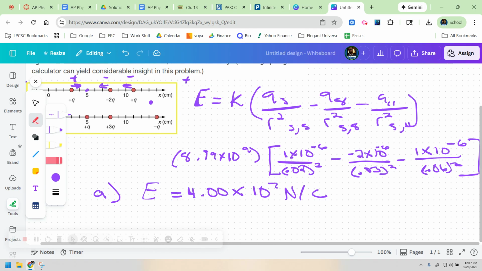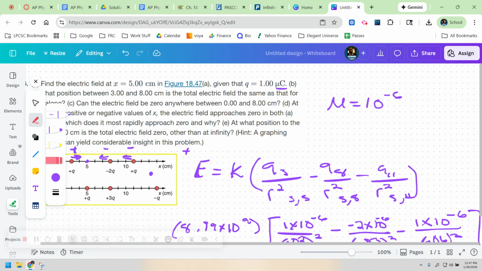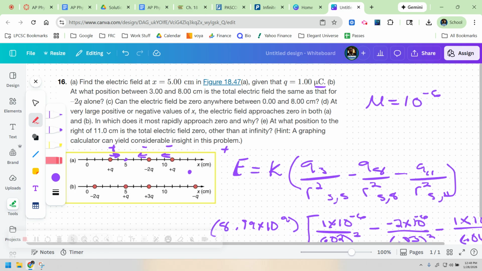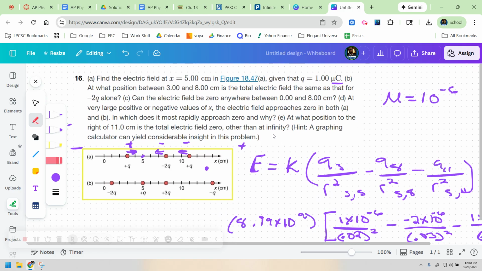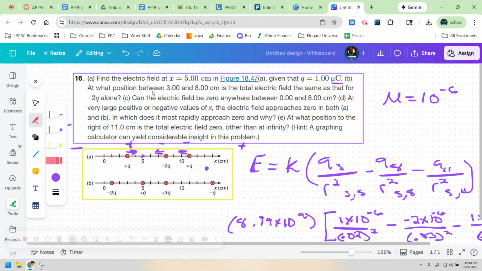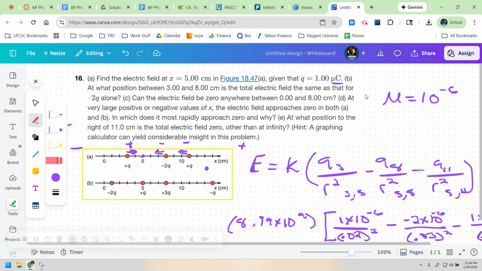So the closer you are to the charge, the more strength you'll have in your field. Now let's reread what part B was. Part B, so that's part A. Part B was at what position between 3 and 8 is the total electric field the same as for negative 2Q alone. So from 3 to 8.